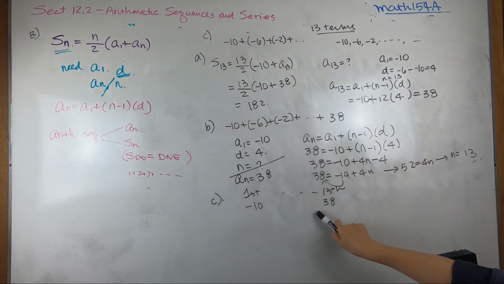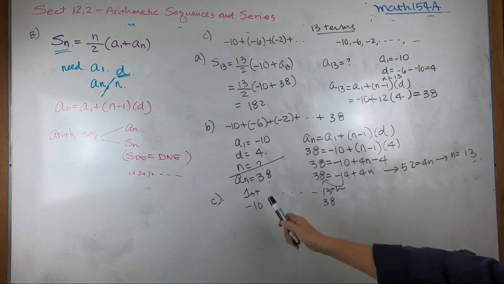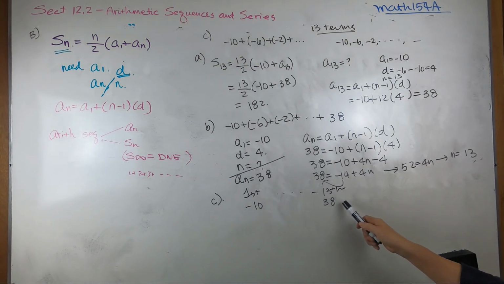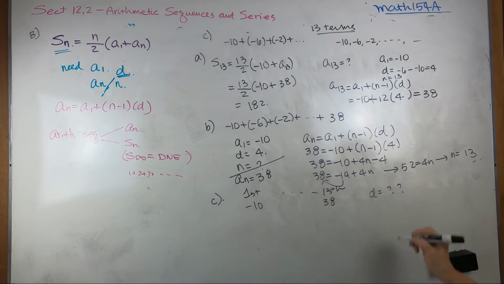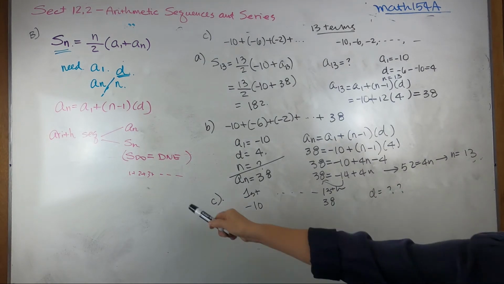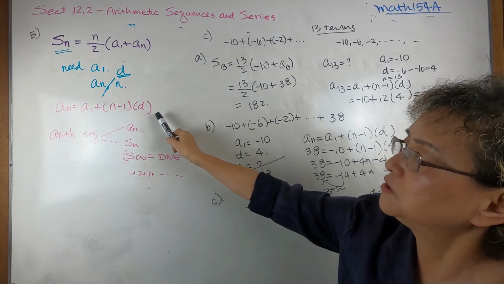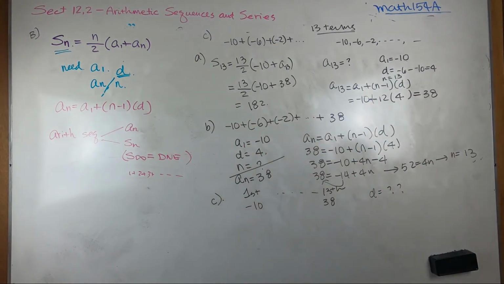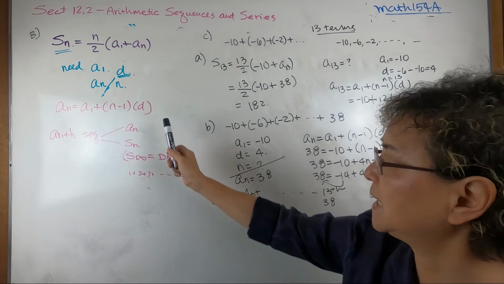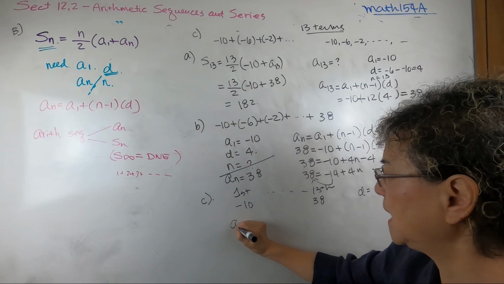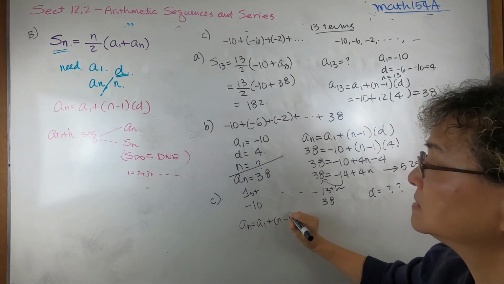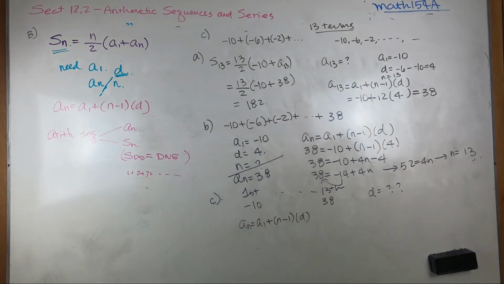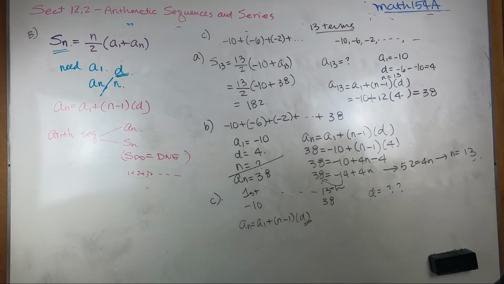I just ask you this: if first term is negative 10, 13th term is 38, then what is your common difference? Which formula should you use, the general term or the series? It's the general term, right? Because AN equals A1 plus (N minus 1) D, right?